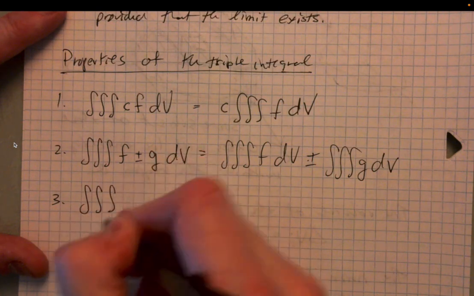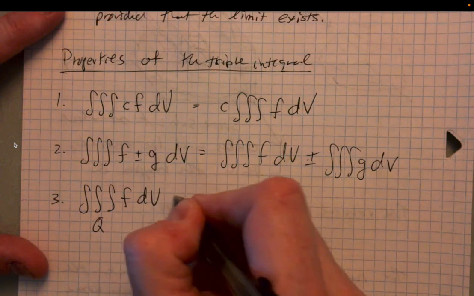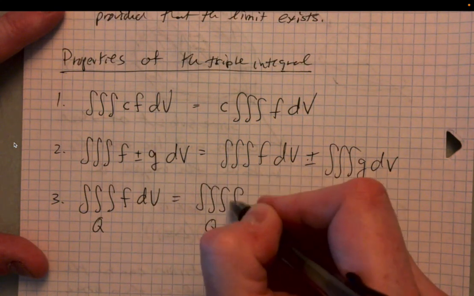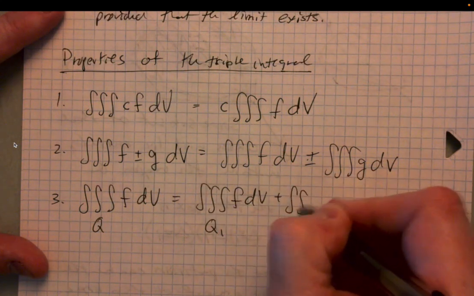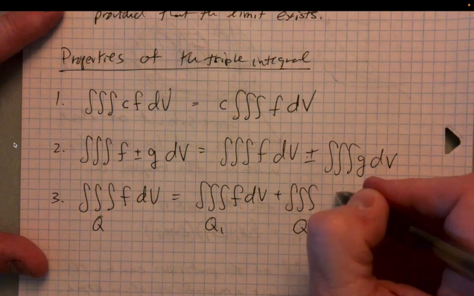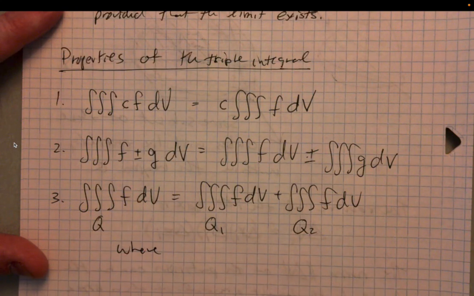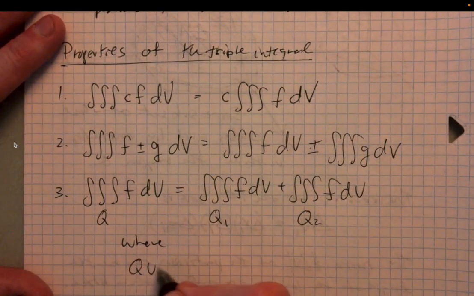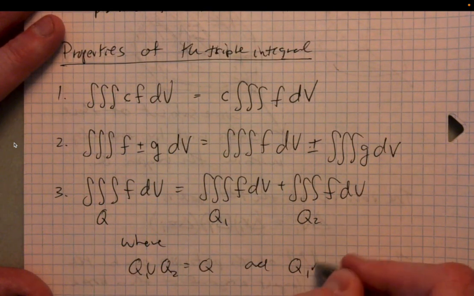So if I have the triple integral over Q of some function f, that's equal to the triple integral over Q1 of f plus the triple integral over Q2 of f, where Q1 and Q2 combined are equal to Q. So another way to say that would be Q1 union Q2 equals Q, and there's no overlap.